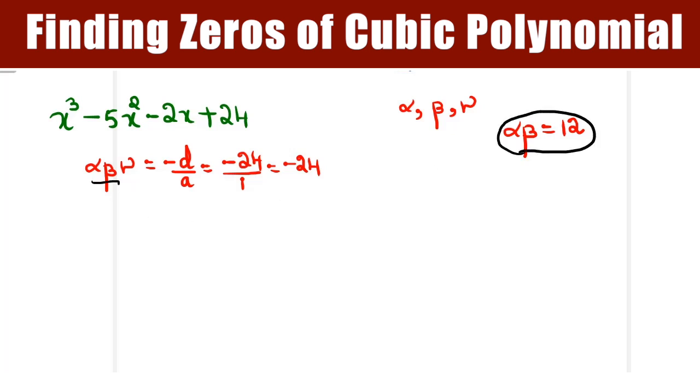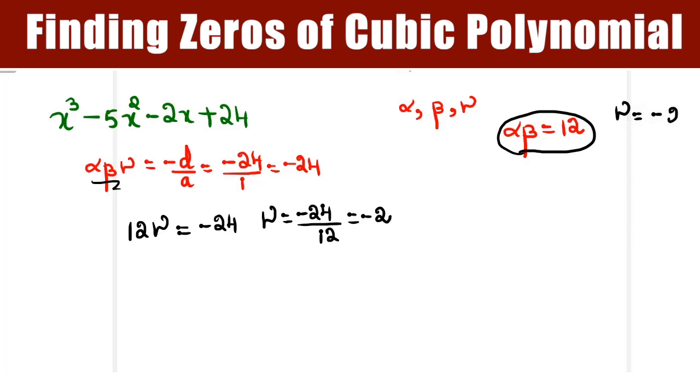I'm going to substitute that here. So, 12 gamma is equal to minus 24. So, gamma is equal to minus 24 by 12, which is equal to minus 2. So, let's note this value separately. Gamma is equal to minus 2.